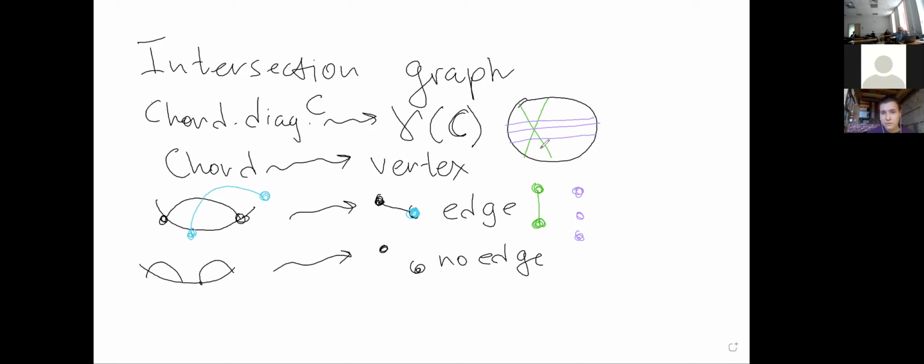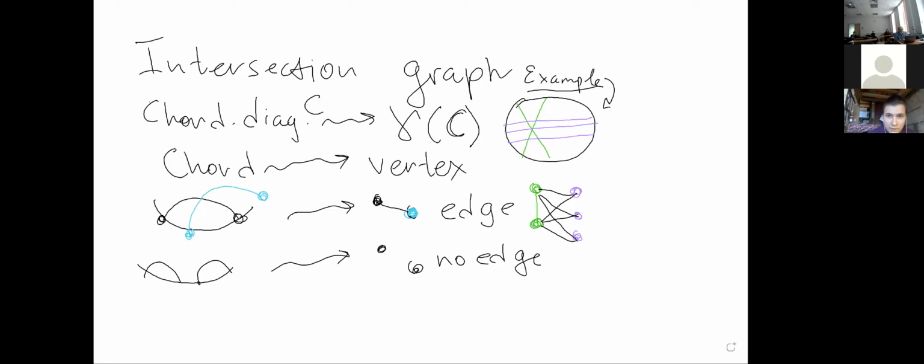And all these chords intersect, so we have edges here. But it's important that different chord diagrams may have one intersection graph.